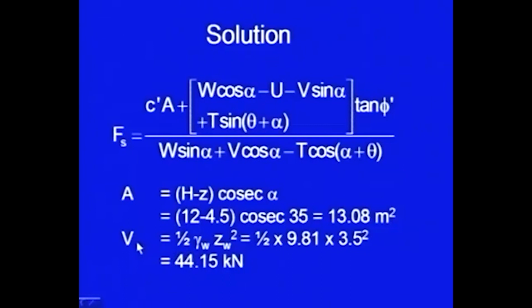The force V is because of the water pressure in the tension crack. So, that is half into gamma w into Zw square. This is nothing but the area of the pressure distribution diagram. So, half into 9.81 into 3 square, you get the force. This will be acting in the horizontal direction.